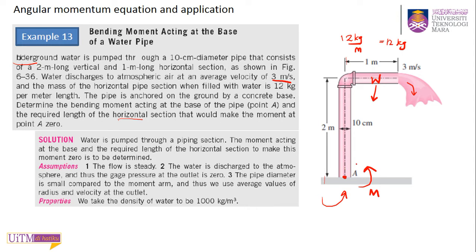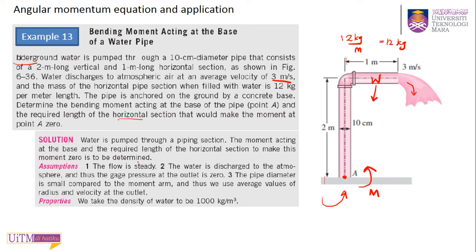So they ask you to find the horizontal length that makes the summation of moments at point A zero. That is the question. The question is quite long, so you need to understand the question first, then you can solve it.